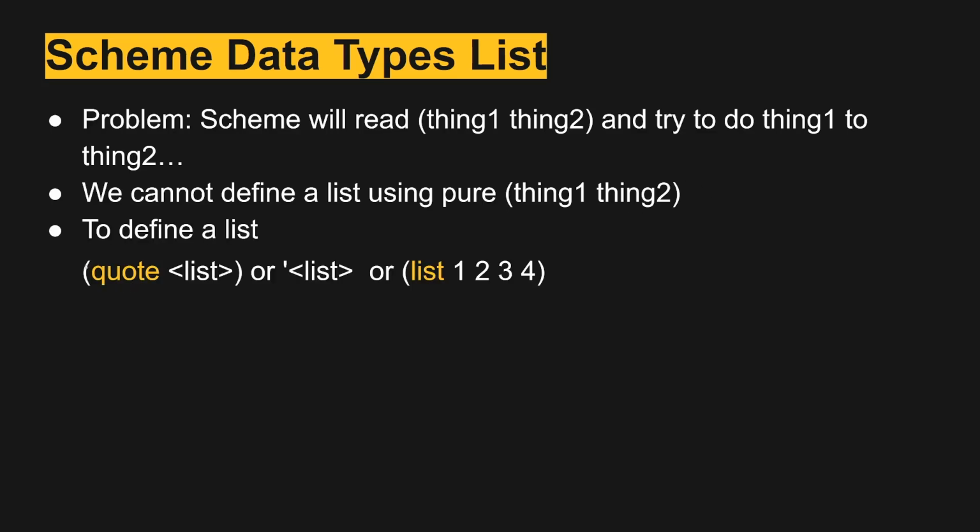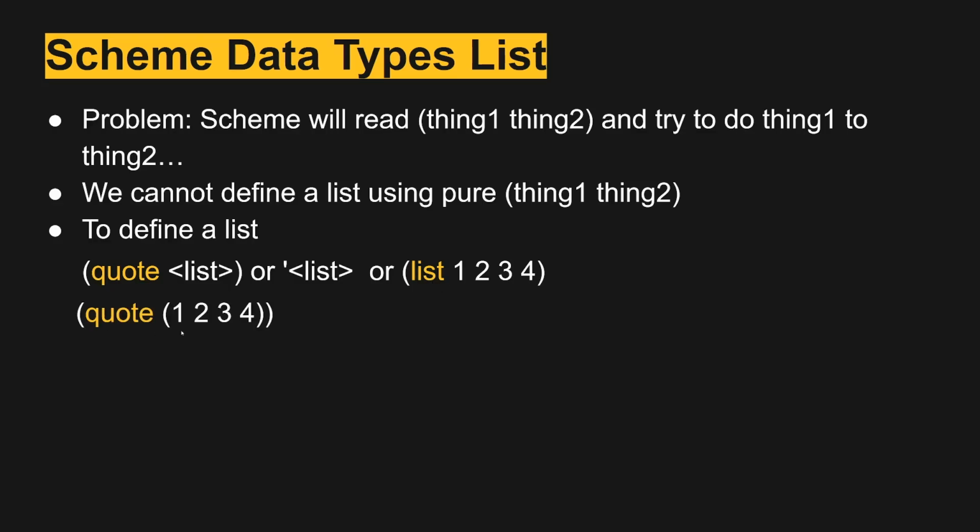One way to do it is to use the quote operator. So open paren quote, and then we give it the list that's space delimited. Or we can use a single tick and it becomes a symbol, and then it'll define the list properly. Or we can use the list operator.